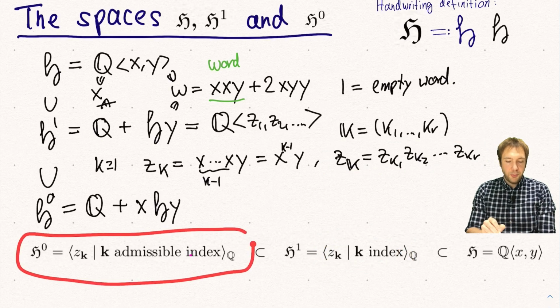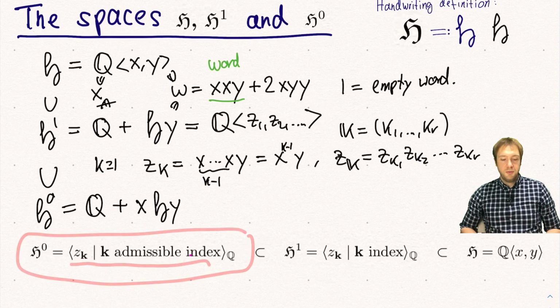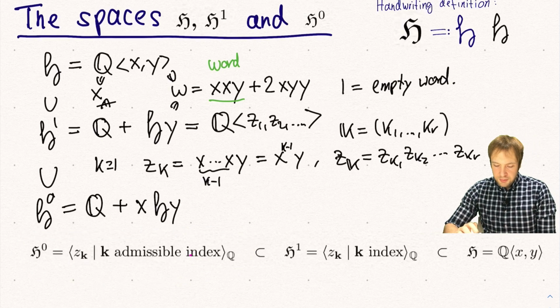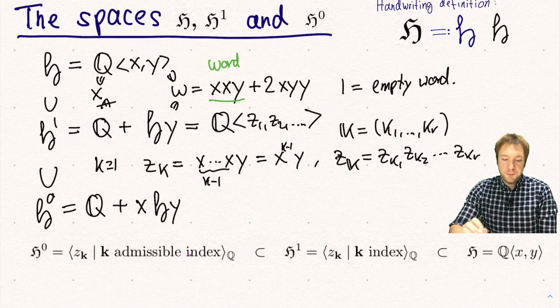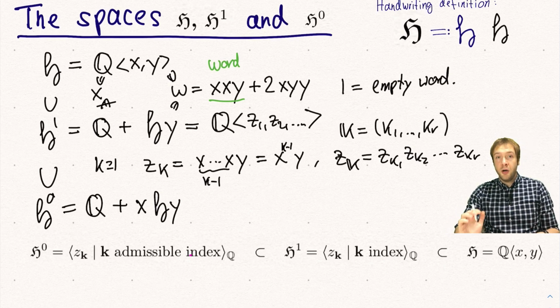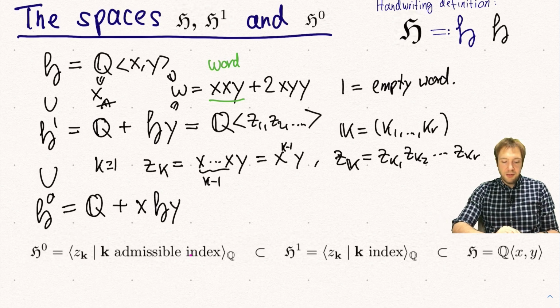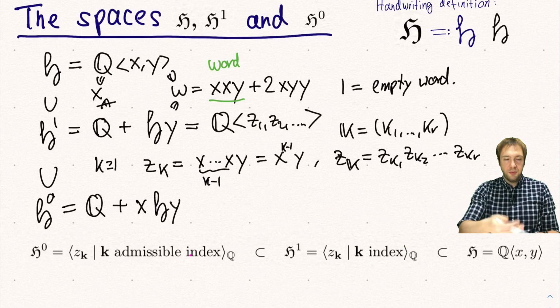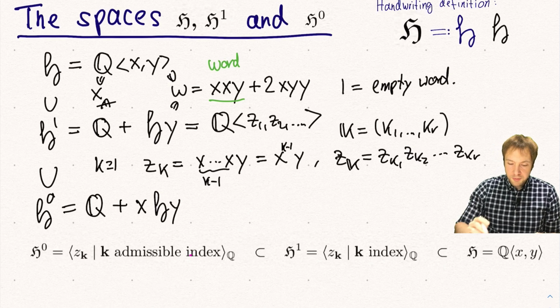And inside this space we have H0, which corresponds to admissible indices. Okay, so now we want to view our objects, the multiple polylogarithm and also the multiple zeta values later, as maps from these spaces to the space of functions, also to the space of numbers.